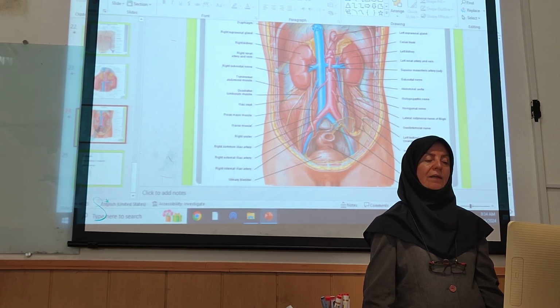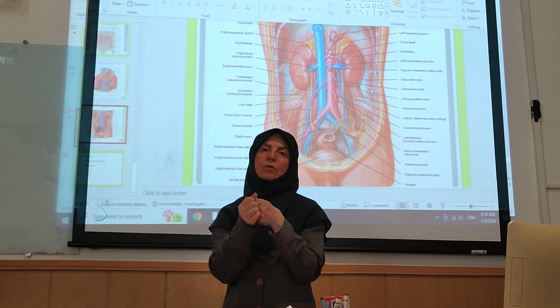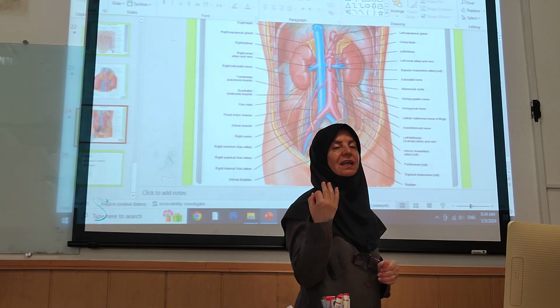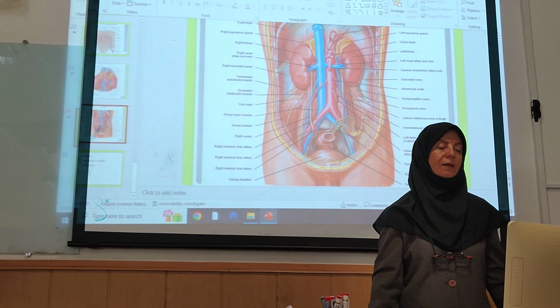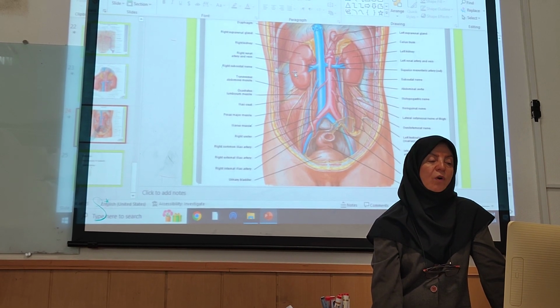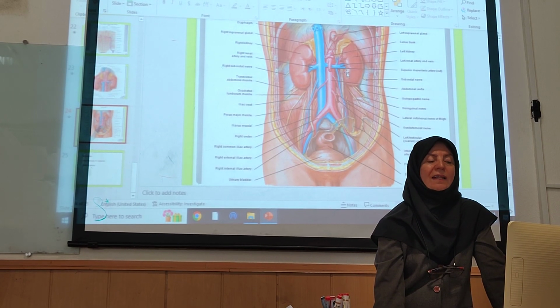When you look inside the lumen of both ureters, you can find this lumen is very narrow. And in three parts, in three stages, the lumen of the ureter is going to get narrow. The first one is superiorly, in the area where the ureter is going to connect to the pelvis.